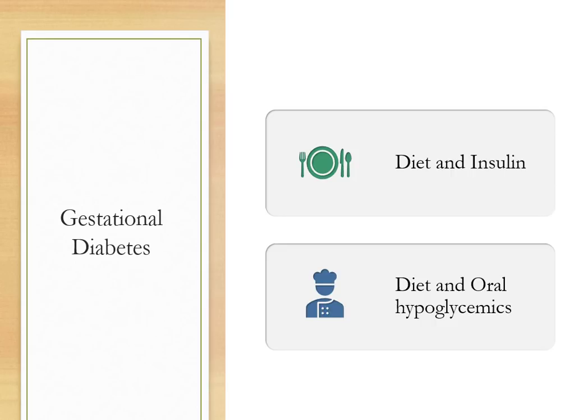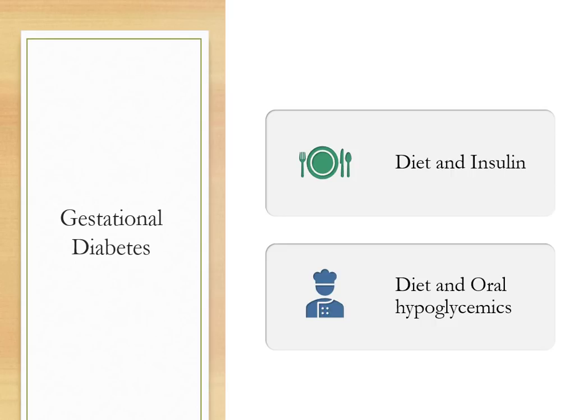All of that's included in the code family. If the patient with gestational diabetes is treated with both diet and insulin, only code insulin controlled. If their diabetes is treated with diet and oral, you're only going to code controlled by oral hypoglycemic.